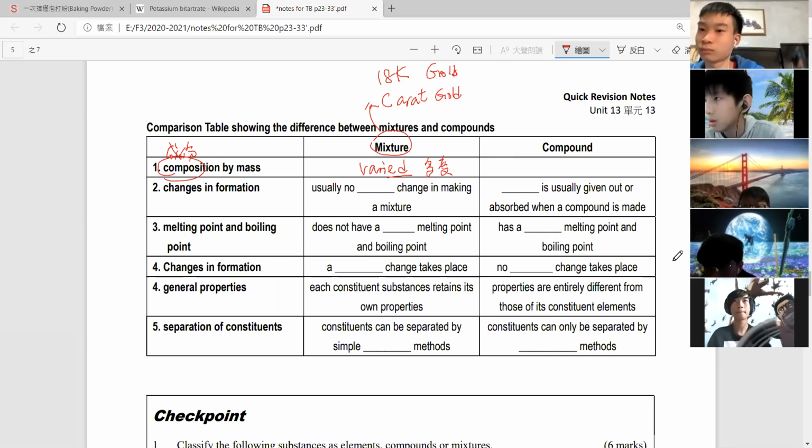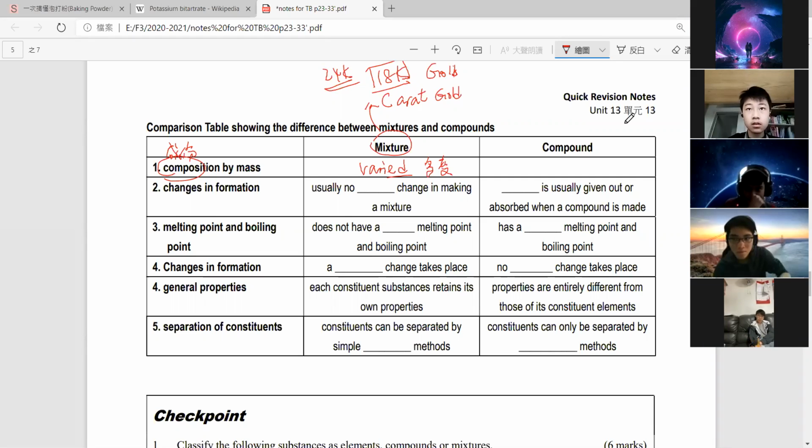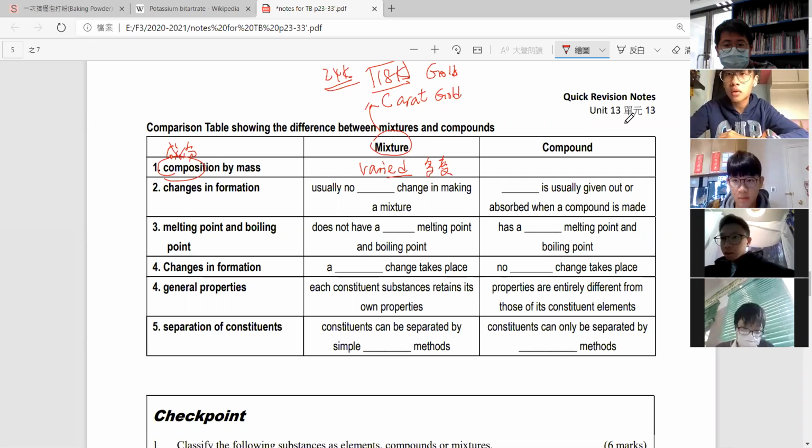Have you ever been to a jewelry shop and checked what 18K gold means? Have you ever heard of the word 20K gold? 係咪佢嘅純正度啊？ Yes, that's right. Which one is more pure? 24K. Yes. What is the highest purity? Is it 24? Yes, 24 is the highest purity.